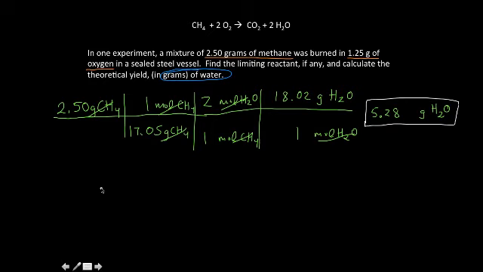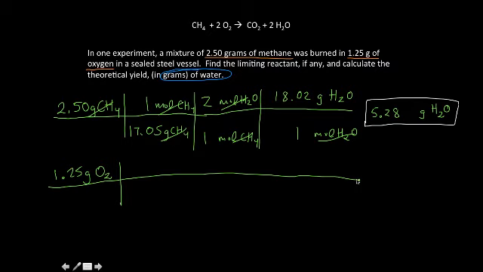So go ahead and box this answer first. There's one bridge. Now, I need to do another bridge, but this time I'm going to use my 1.25 grams of oxygen. I'm going to make a bridge with this, and as you can see, 16 times 2, 32.00 grams of oxygen is equivalent to 1 mole of oxygen. And now that I have moles of oxygen, I want to make the conversion between moles of oxygen and moles of water.